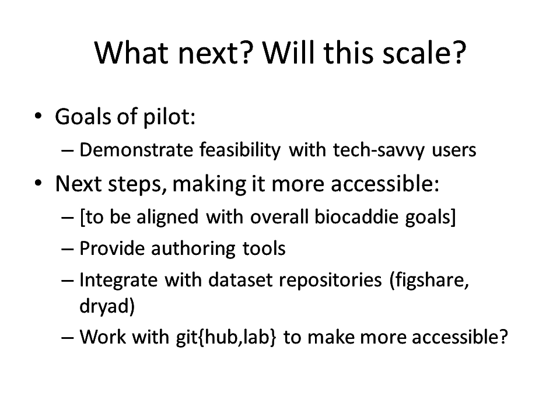And maybe we can even integrate these with dataset repositories like Figshare and Dryad, and even with sites like GitHub itself, just to make it easier for people to describe their metadata when they're depositing on GitHub.